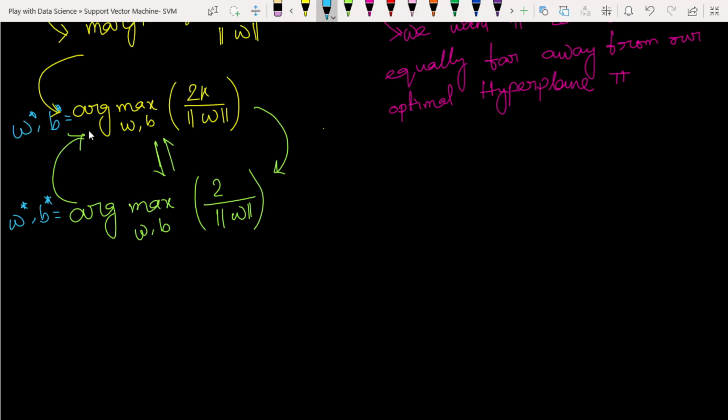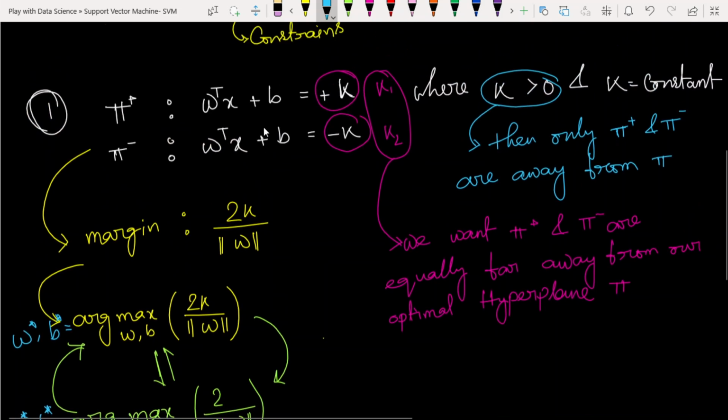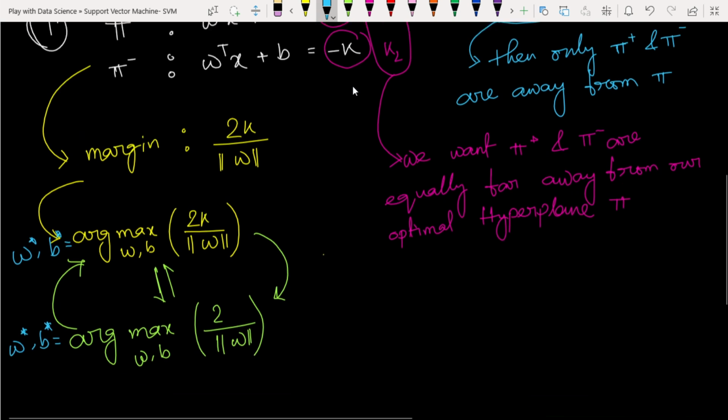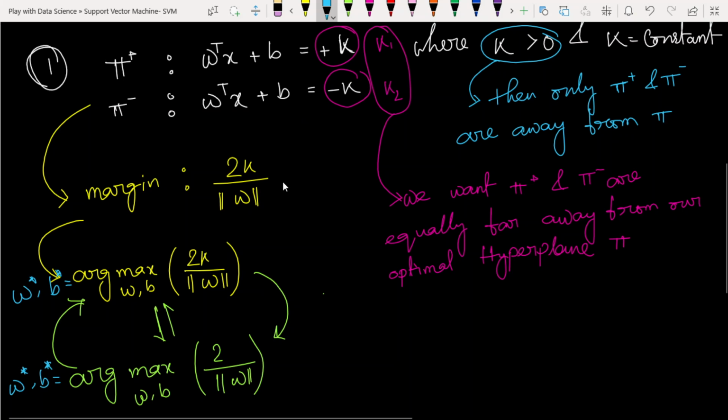From an optimal point of view, both equations are the same. For the simplicity of our math, here I am not taking k, I am simply using 1, nothing else.